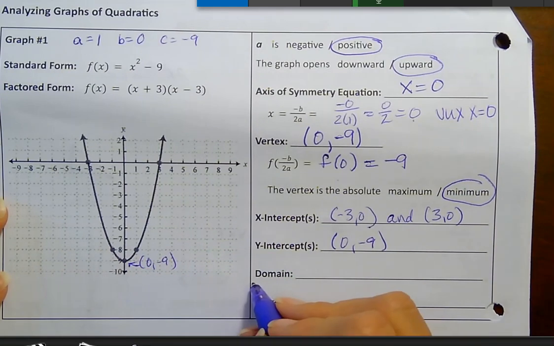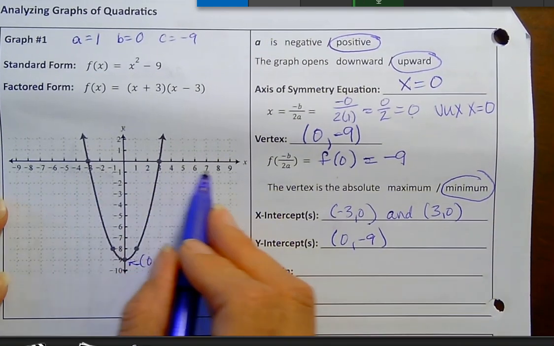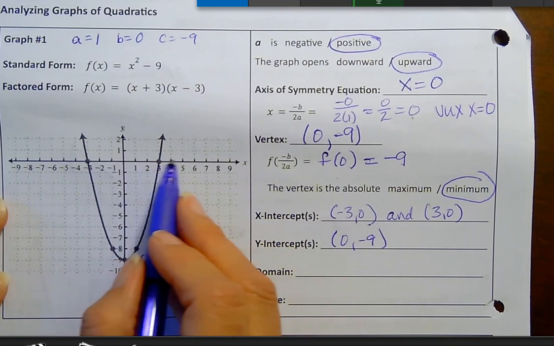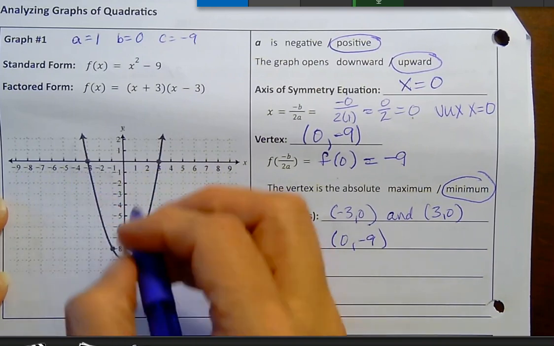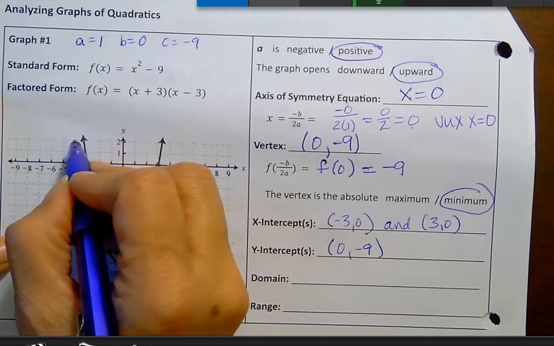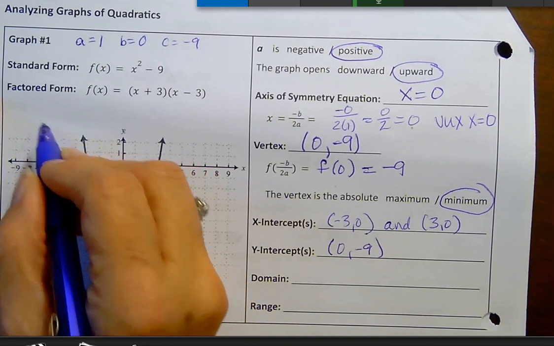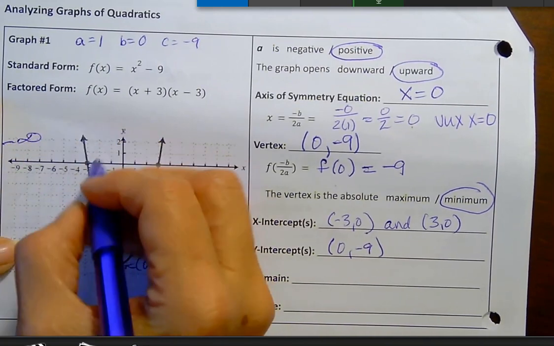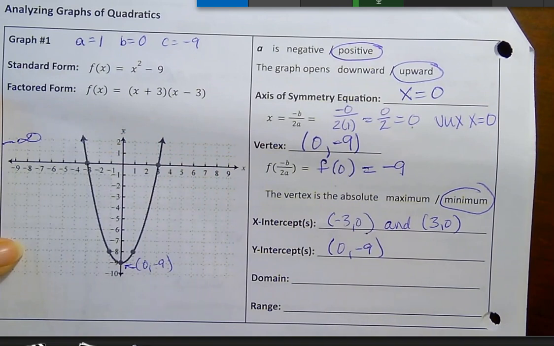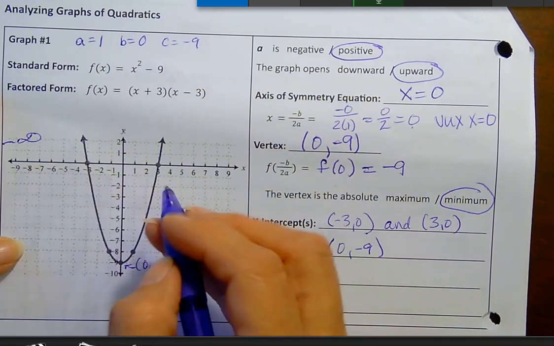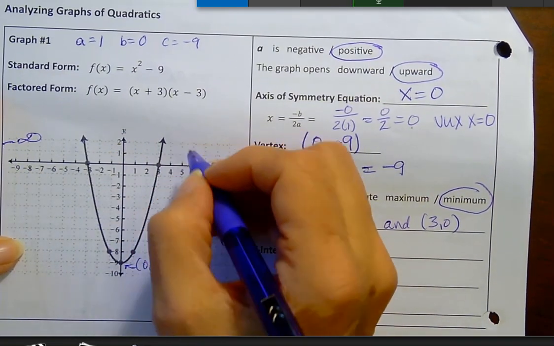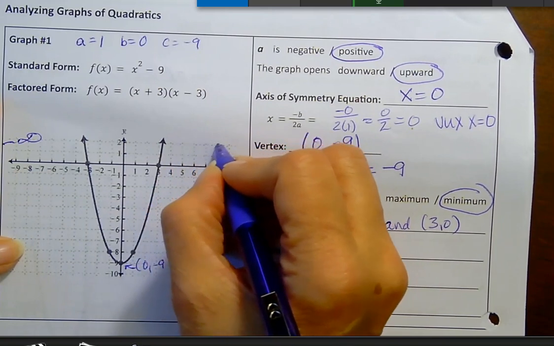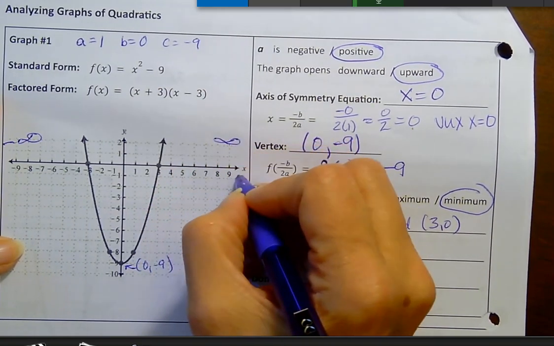My domain, if you'll remember, is all of the x values I could possibly have for this function. You notice that we are going to the left forever, all the way to negative infinity. On the other part of the parabola, we can keep going forever to the right, always getting our x value bigger.